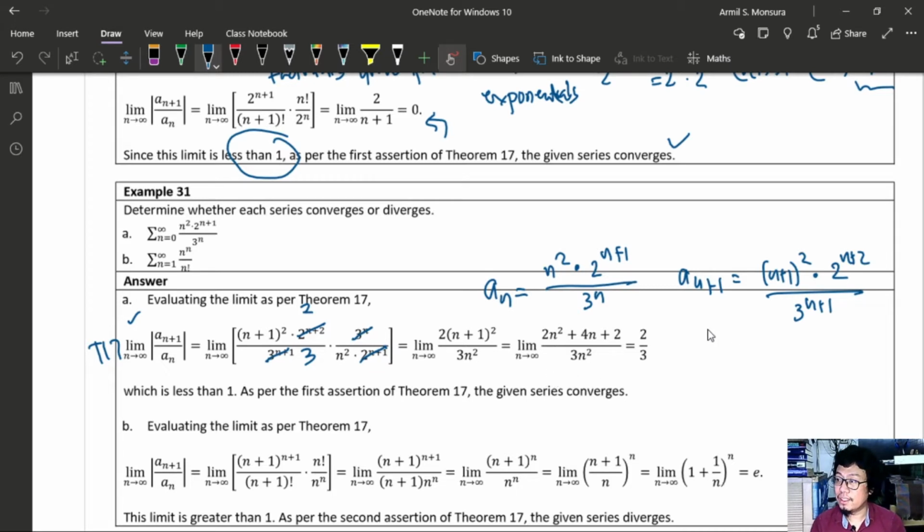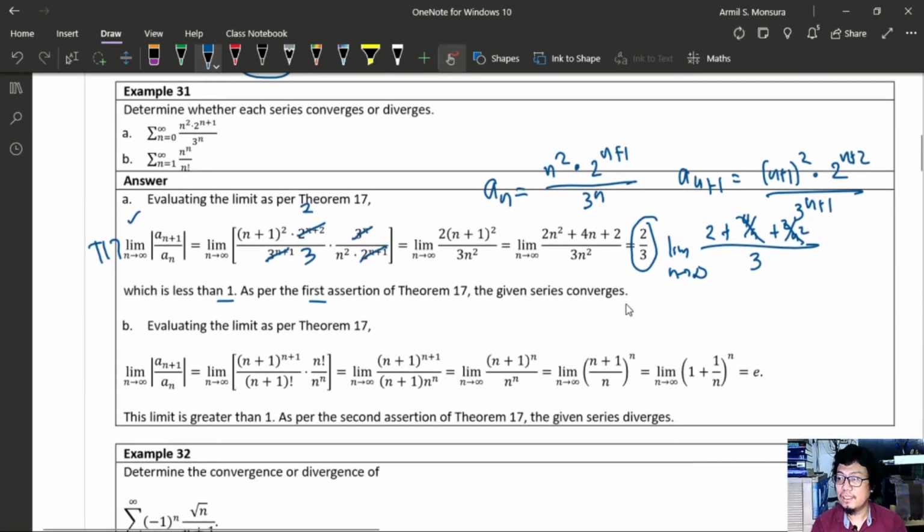So what is left is 2 plus 4 over n plus 2 over n squared, divided by 3. We know that as n approaches infinity, this is 0, this is 0. So what is left is 2/3. And since this limit is less than 1, as per the first assertion of Theorem 17, this given series converges.